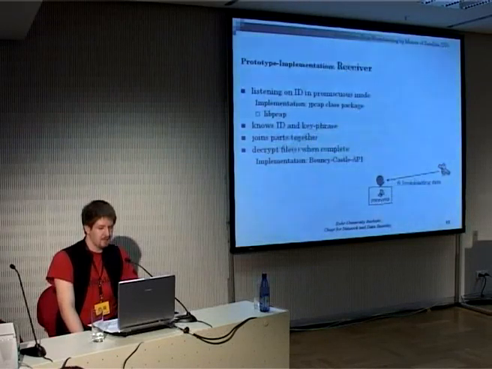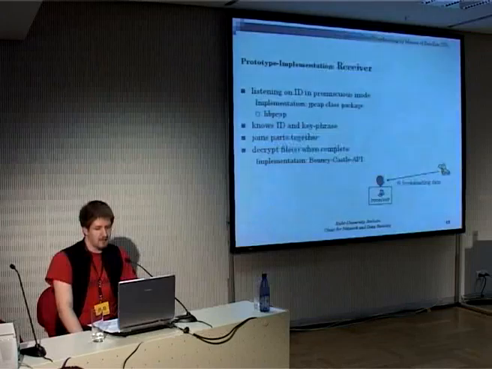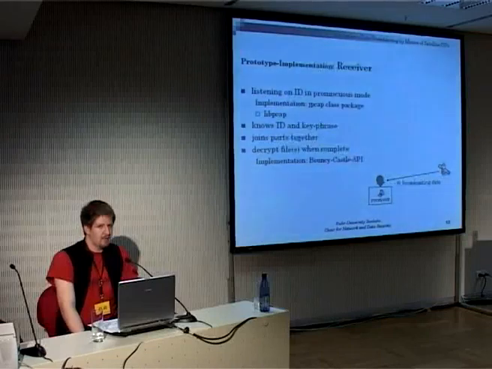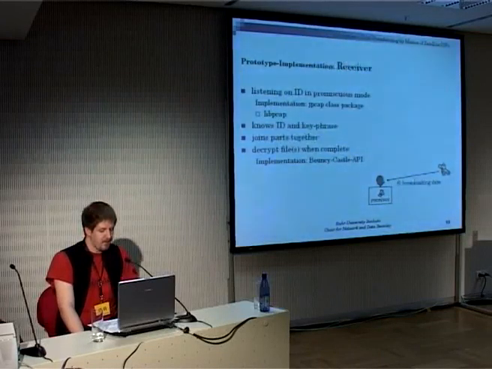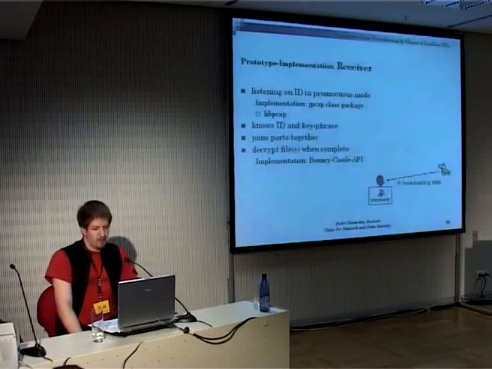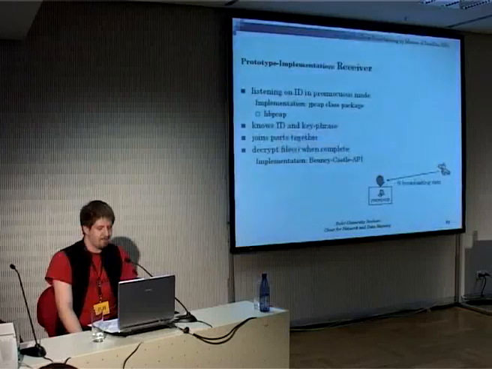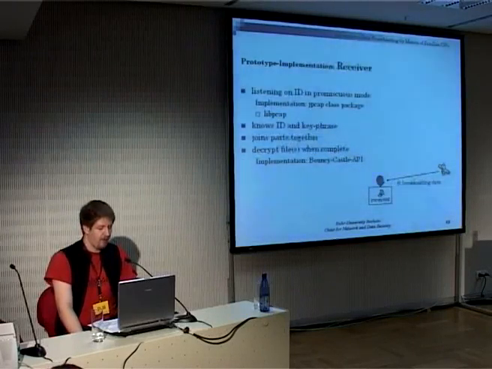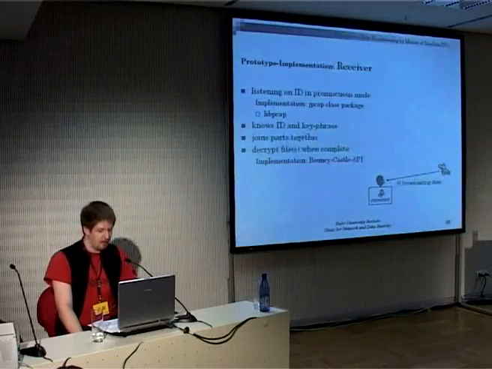So, in simple words, after this implementation, we were able to listen on the satellite broadcast in promiscuous mode. And we were able to search for or to filter for our wanted ID. The wanted ID is imported from the emailed or another way delivered ID file.